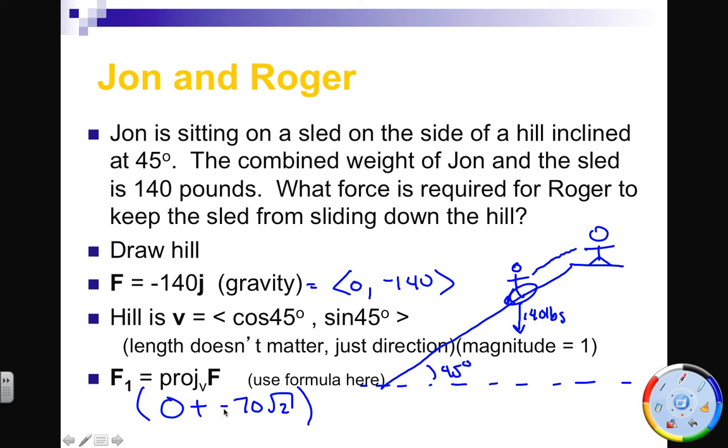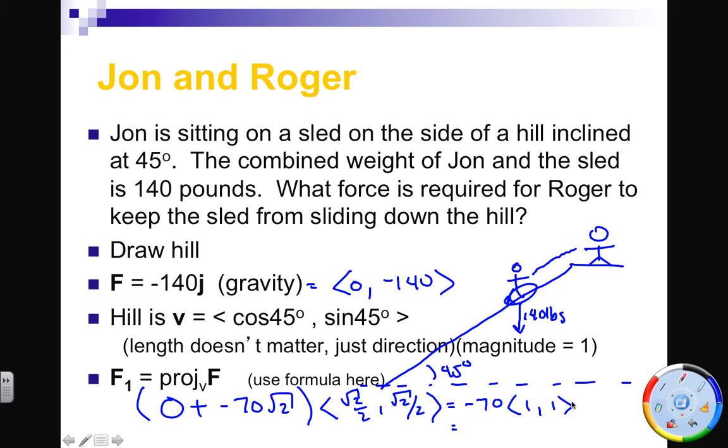Now, it's over magnitude squared. Well, if the magnitude is just 1, it's going to be divided by 1. And then it's going to be multiplied by vector v, and vector v is really square root 2 over 2, square root 2 over 2. If I do this math a little bit, 0 plus this is just negative 70 root 2. Well, I can multiply the root 2's in there, and I get negative 70 times the vector 1, comma 1.